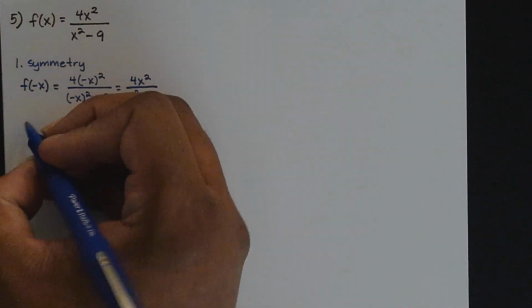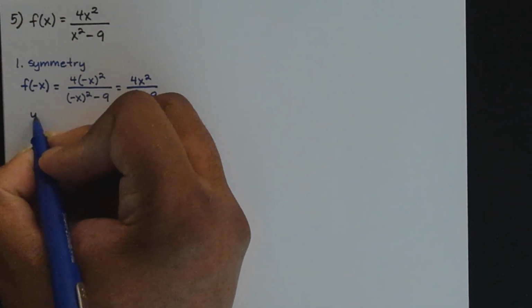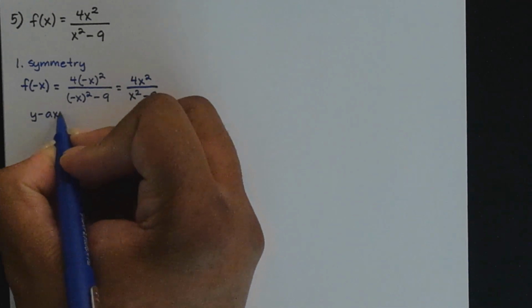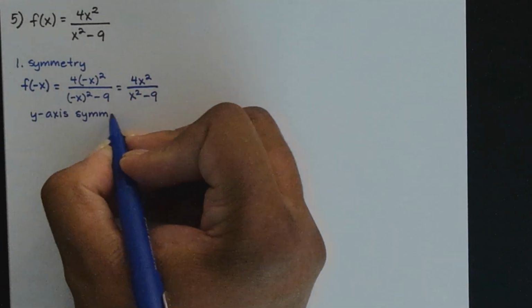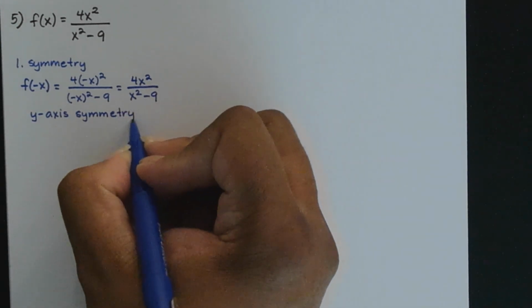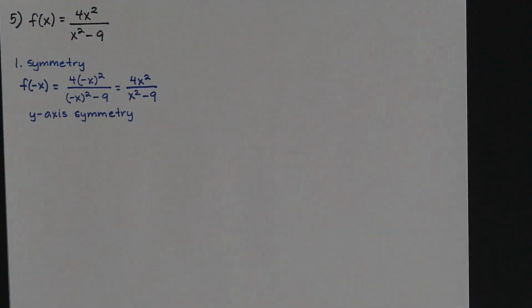So that means this graph is symmetric with respect to the y-axis. For it to be symmetric with respect to the origin, when I replace the x with negative x, I should get the opposite of the original function. So that's part A.